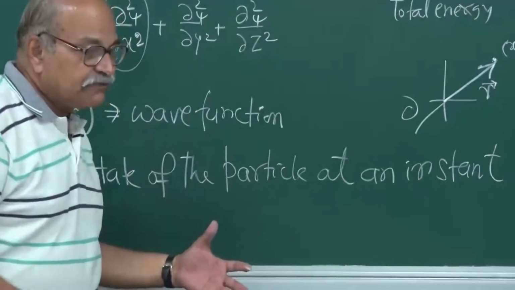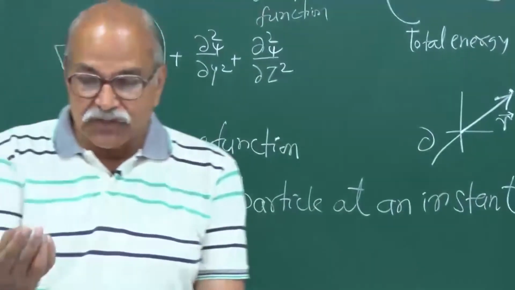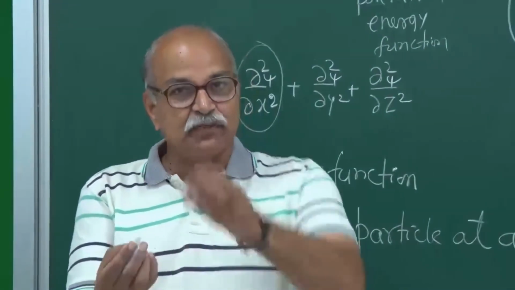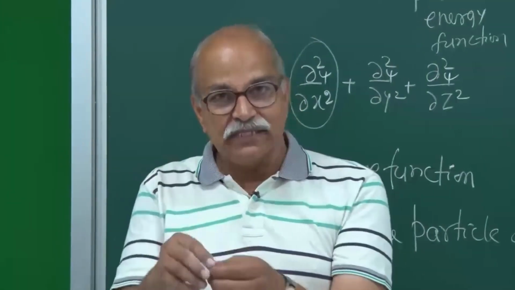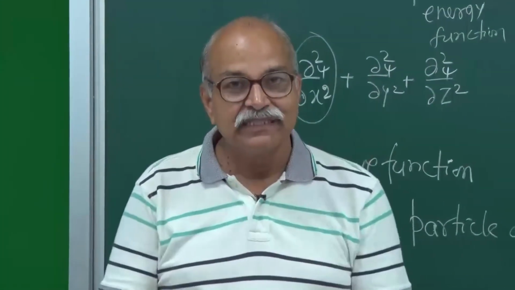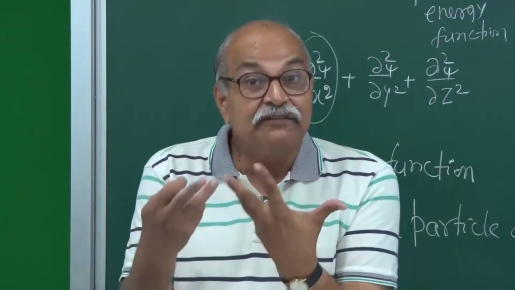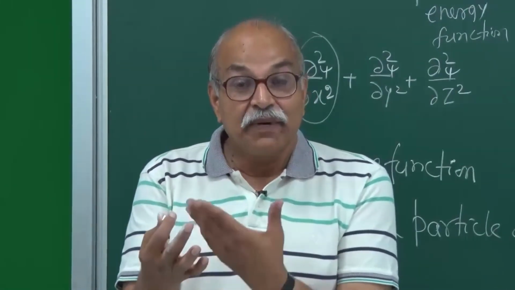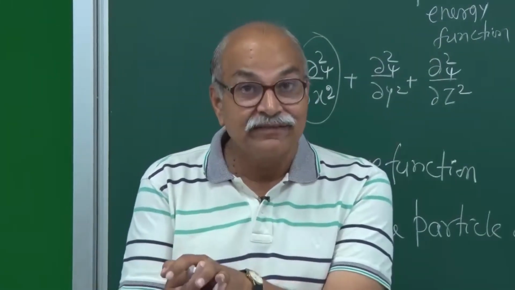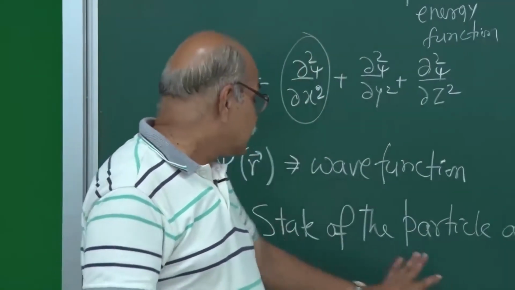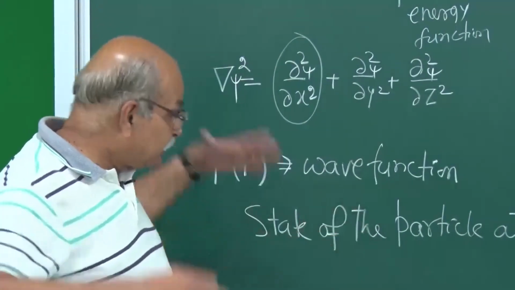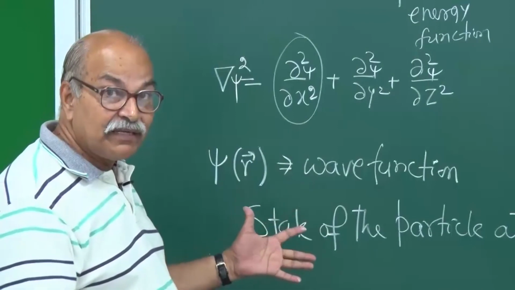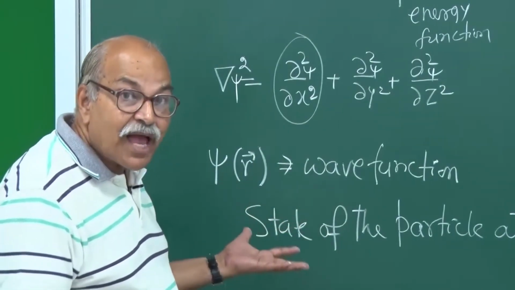In classical physics, when I say state, what is the state of this chalk? You will say, okay, it is positioned here and its velocity is 0, or like that. So state means give me all the information about that particle. The particle is in this state, right? So similarly here, the state of the particle means whatever information is available, that information I need to have.